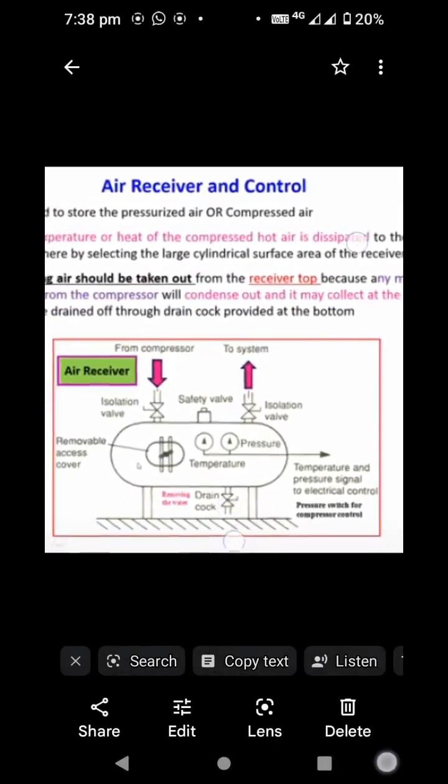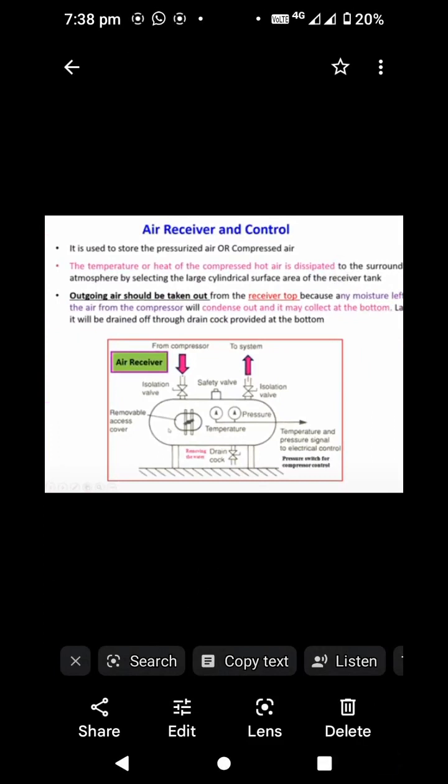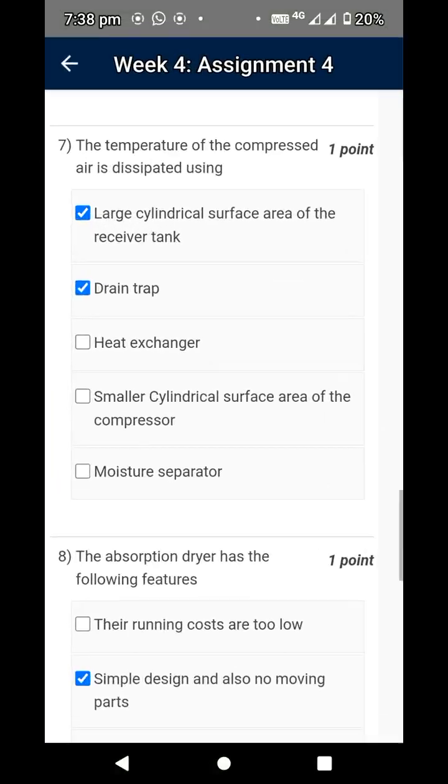So hot air is dissipated through the large cylindrical area, and then the condensed water is taken out from the drain cock. As per my guess, these two options are correct, so I put a tick mark only for large cylindrical surface area and drain trap.